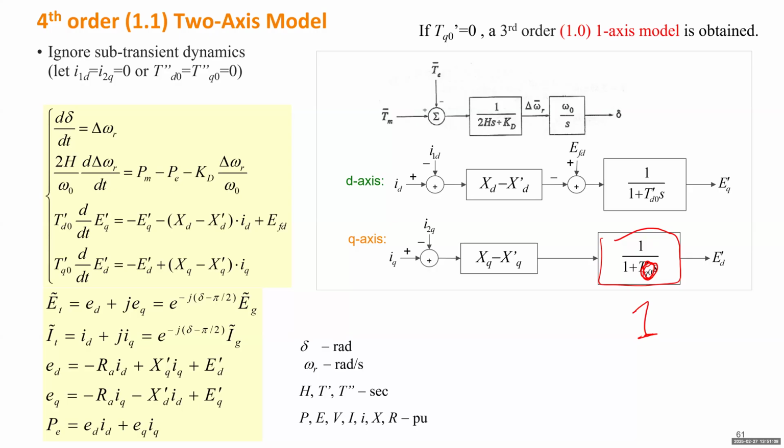So here we'll make this one be 0. This one will be gone. Then you utilize this algebraic equation together with the 3 differential equations, and that will give you the 1.0 model, which is the 1-axis model. Okay, is that clear?